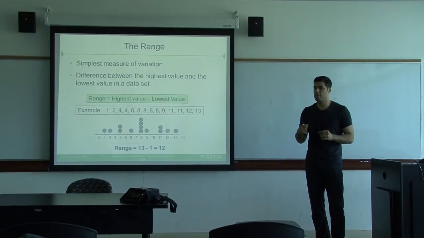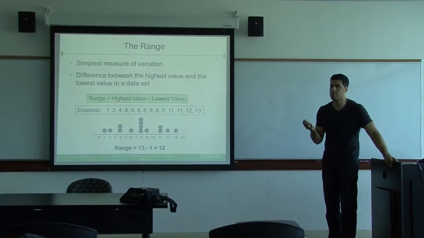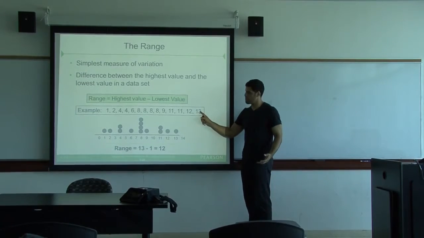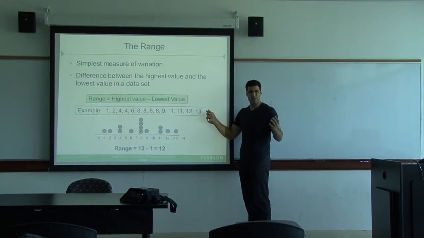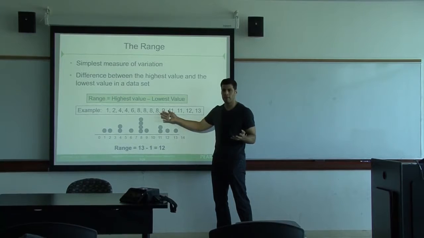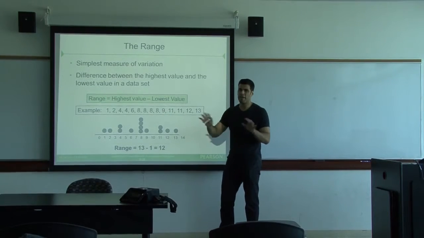Now, is that an accurate measure of dispersion in this data set? Not really, right? If you put a 130 here, your range is 129, but most of your values are near 8 or 9. The data set is not that spread out.